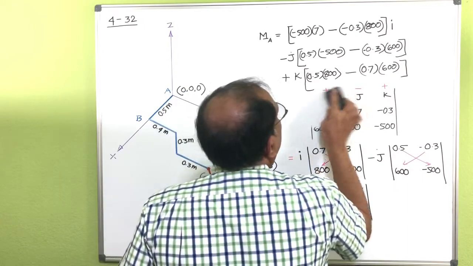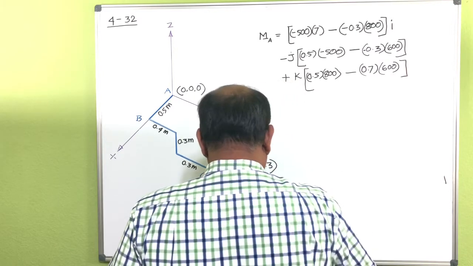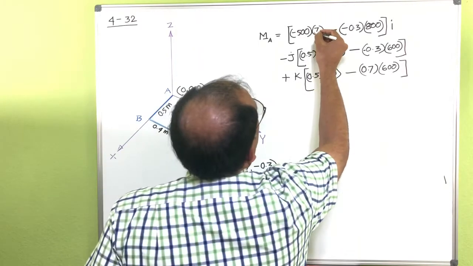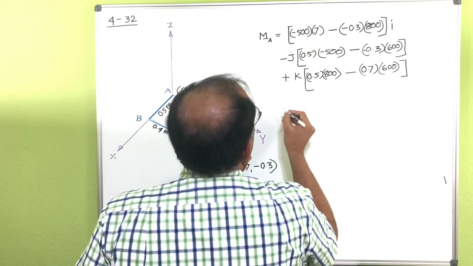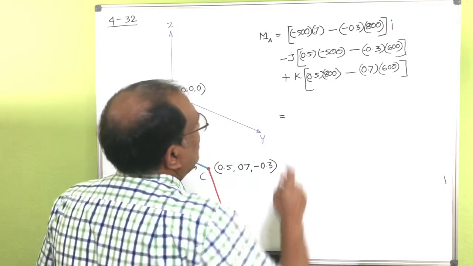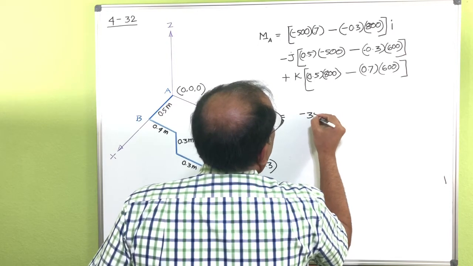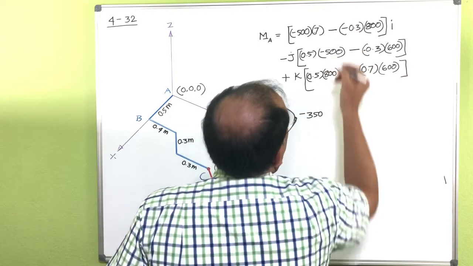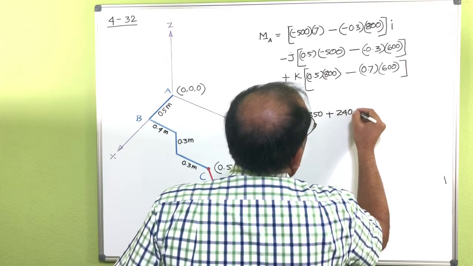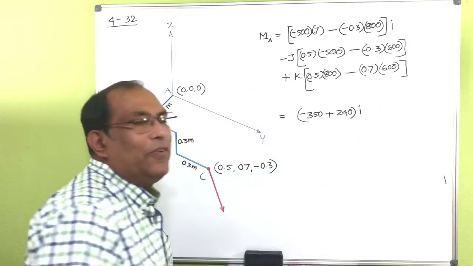Okay, now if we just simplify that one, you can see this is actually 0.7 here. So your MA is equal to minus 350 minus minus plus 240 I, right?